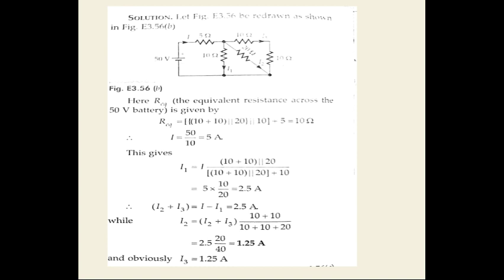The current delivered by the source is V upon R, where V is 50 volt and R is 10 ohm. So the current I is 5 ampere. Now using the current division rule, there are 3 parallel branches. According to the current division rule, the value of current I1 is 2.5 ampere.